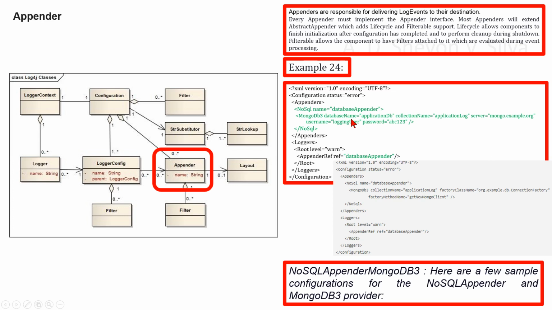You must also specify a username and password. You can optionally also specify a server, which defaults to localhost, and a port, which defaults to the default MongoDB port.